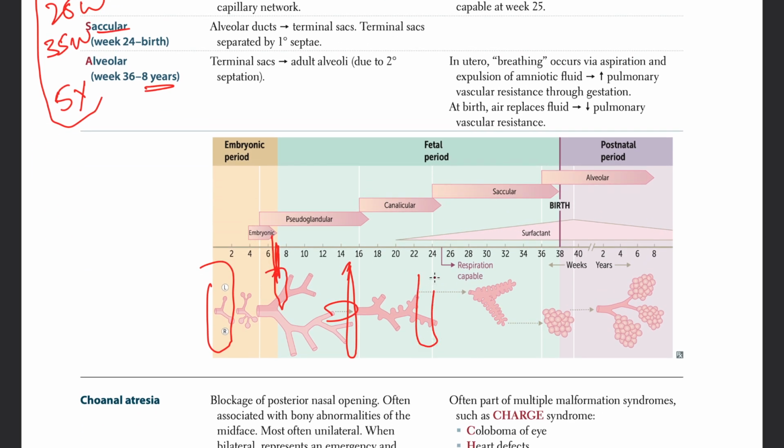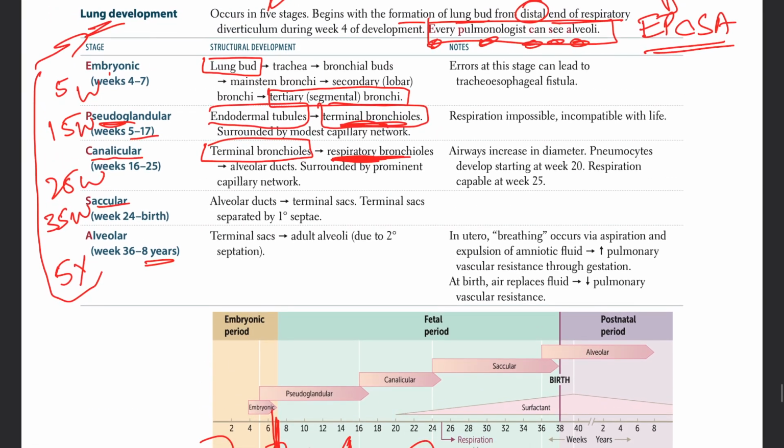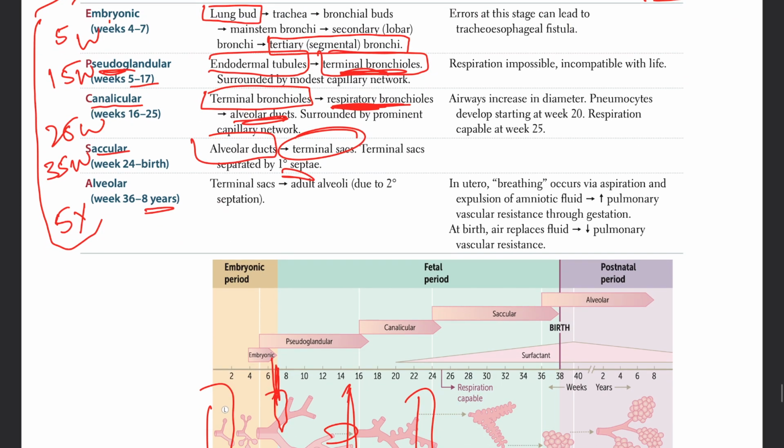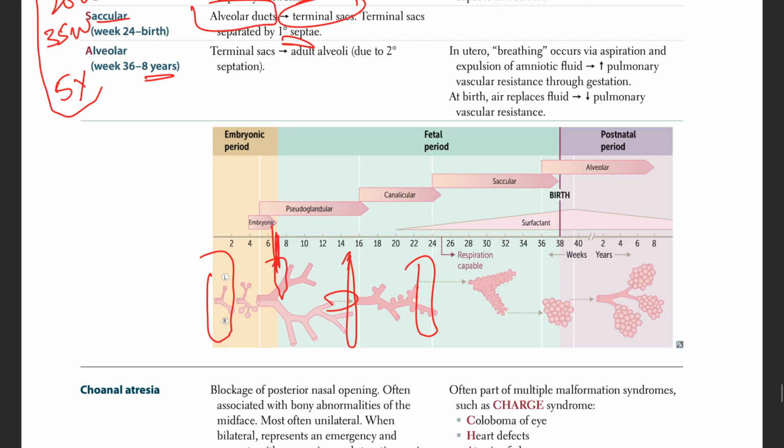Saccular takes those respiratory bronchioles and alveolar ducts and forms terminal sacs, which are separated by primary septae.